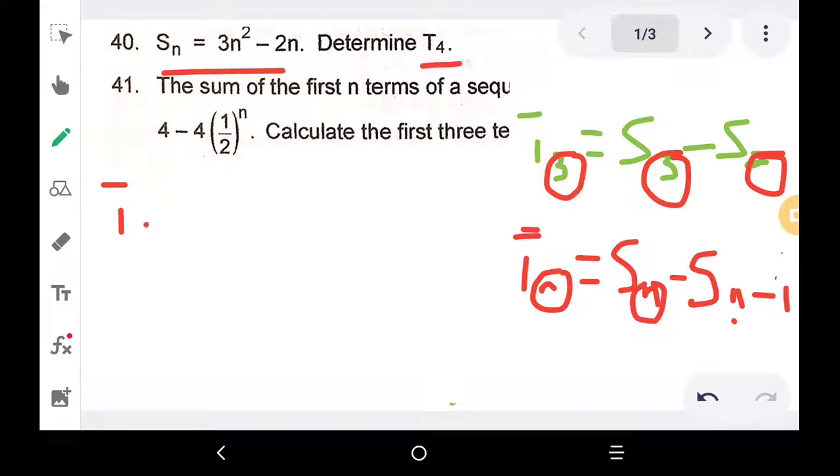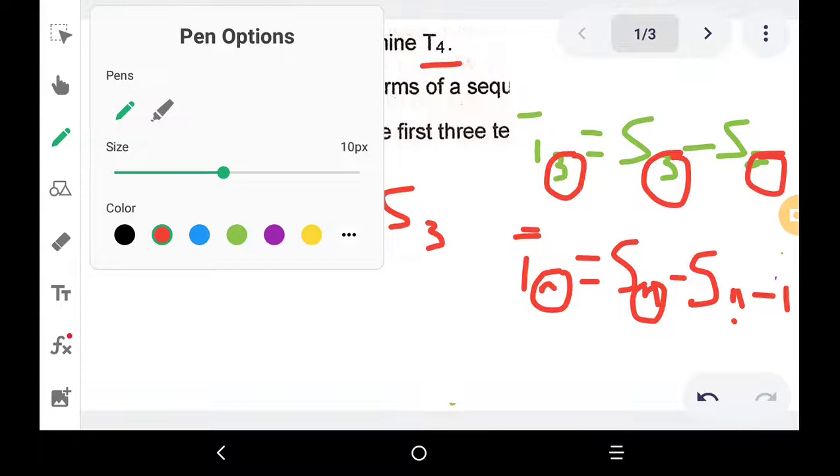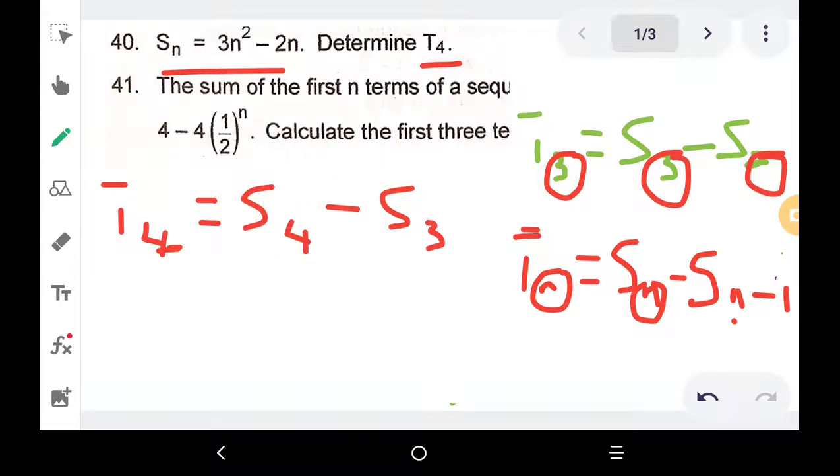Then T number 4 should be given by S4 minus, then there's a 4 minus 1, which is going to be S3. Now, I don't know what my S3 is, I don't know what my S4 is, but I can simply get them. Let's go and get them.